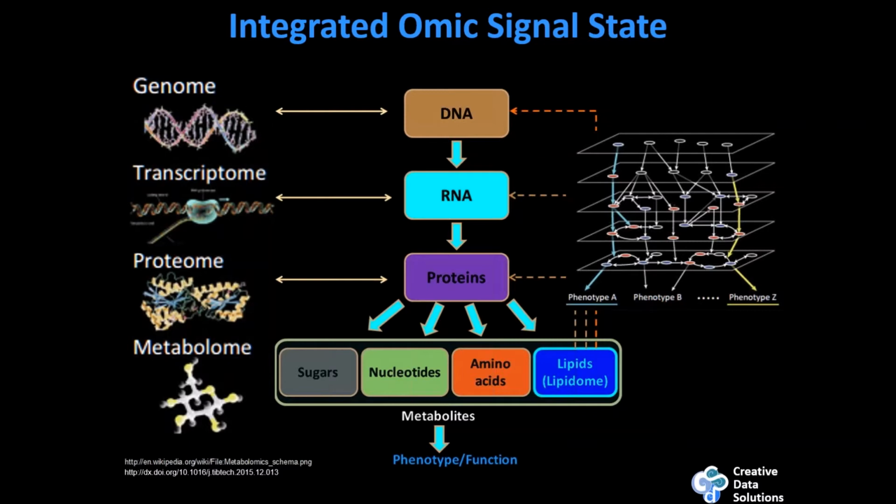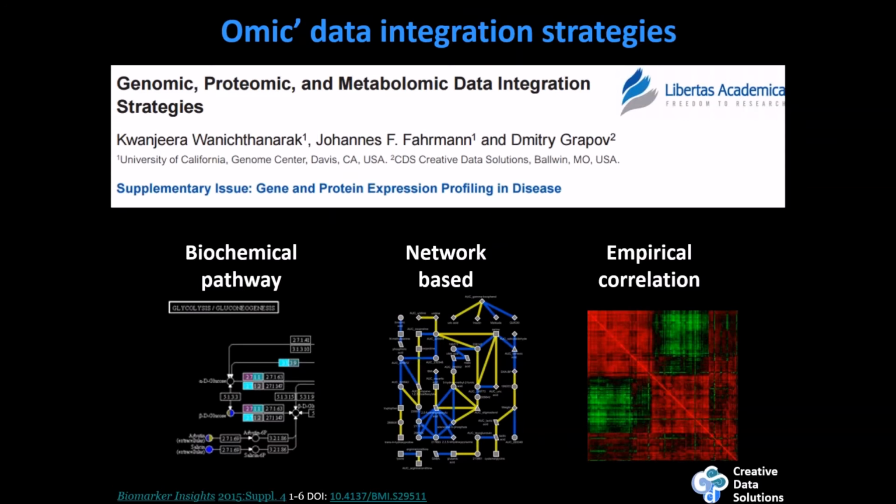Now, the typical methods for integrating the various omic domains are some kind of biochemical pathway analysis where we look at changes in metabolites and in genes or proteins simultaneously, so that's very helpful. Other methods extend this idea of a metabolomic network and add genes and proteins, so we can connect our coding gene to a protein, and then a protein which catalyzes some metabolic transformation to two metabolites.